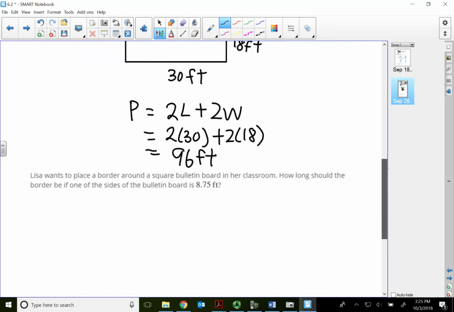All right, let's look at another one. Lisa wants to place a border around a square bulletin board in her classroom. Again, border around, so that will be a perimeter, and I'm dealing with a square. How long should the border be if one side of the bulletin board is 8.75 feet?